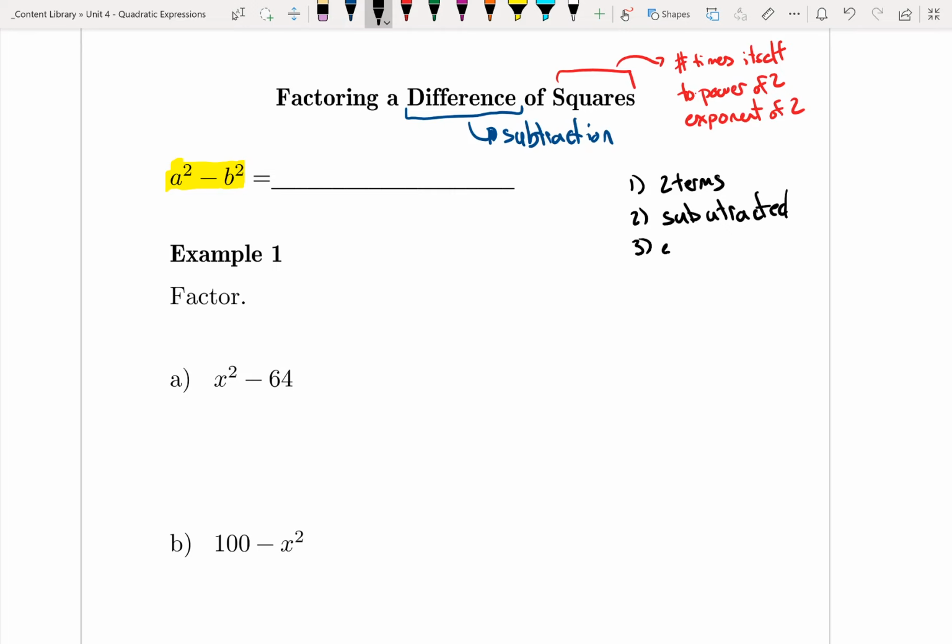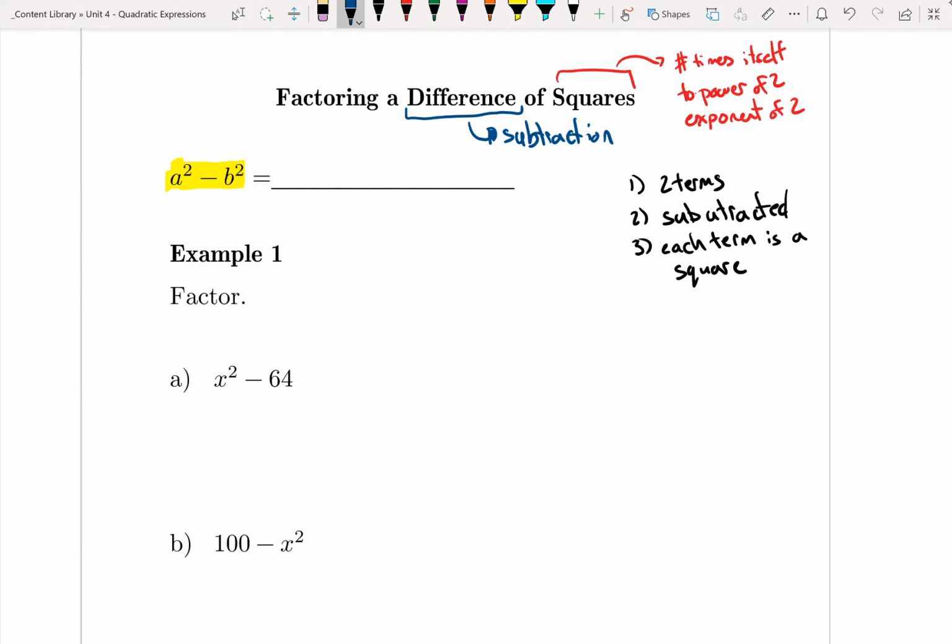And three, each term is a square. That means each term is a number times itself, or a number squared, or a number to the power of 2. So that's what a squared minus b squared represents.